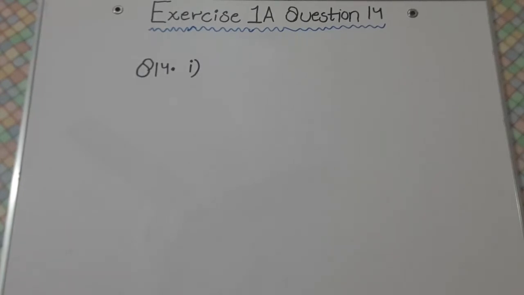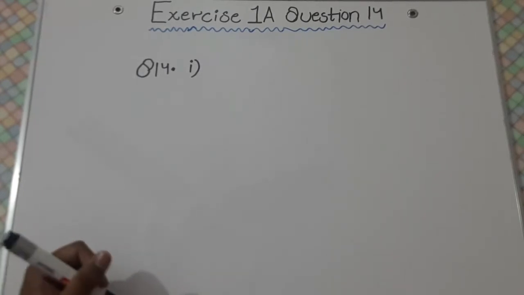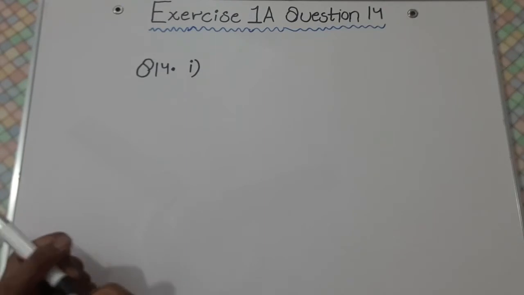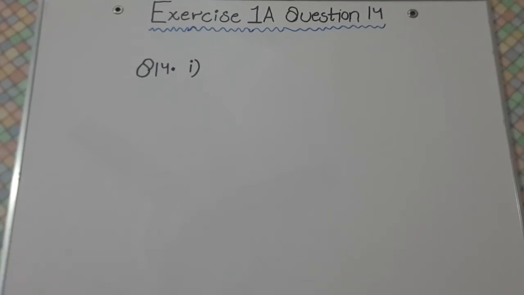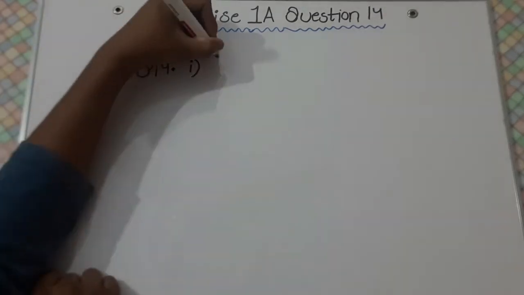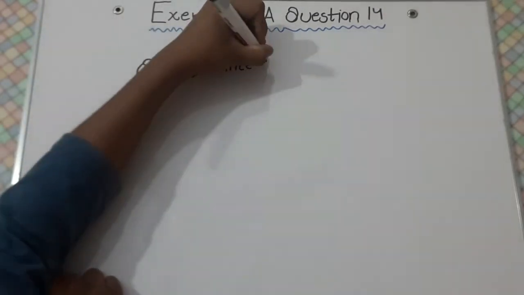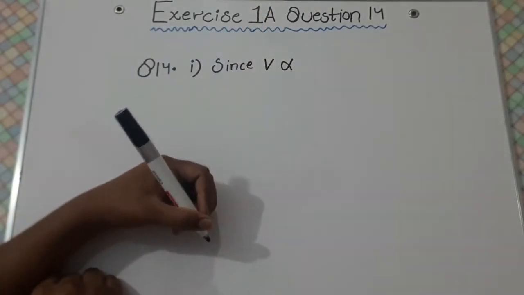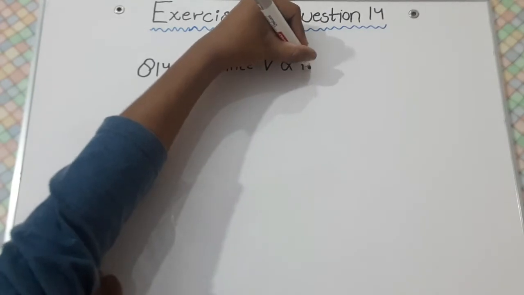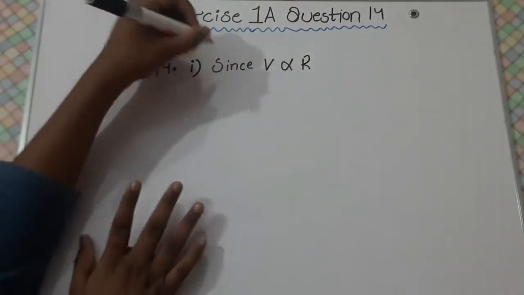So now let's start with the first part of this question, which is find an equation connecting V and R. Since V is directly proportional to R, we are having two values.